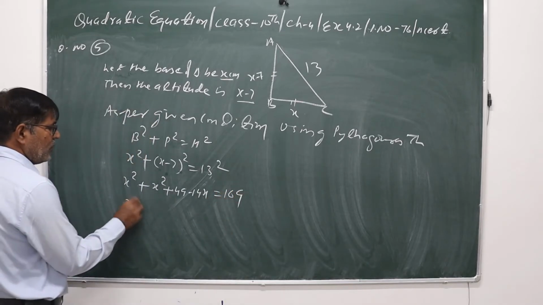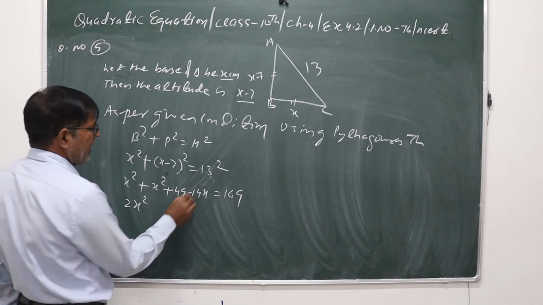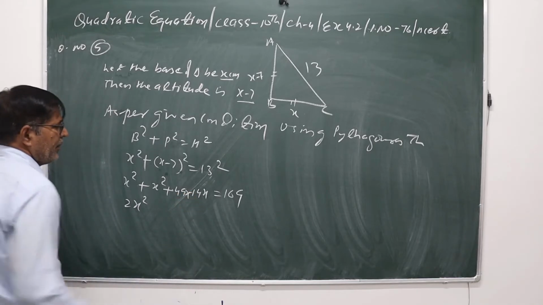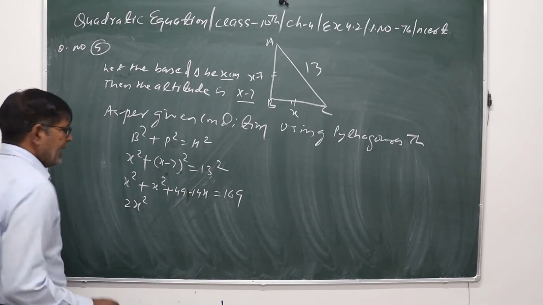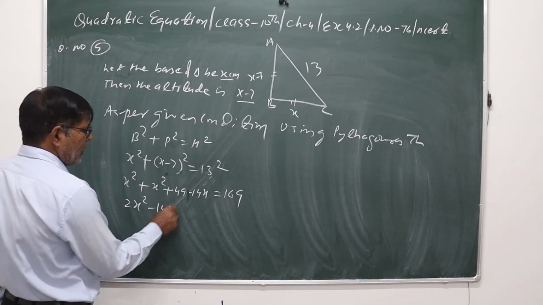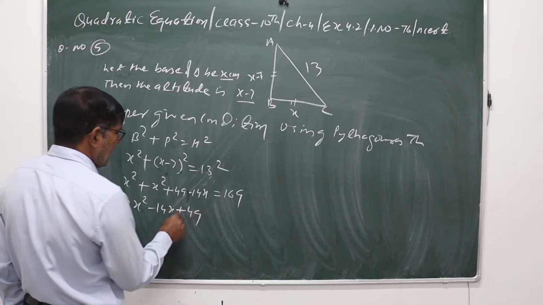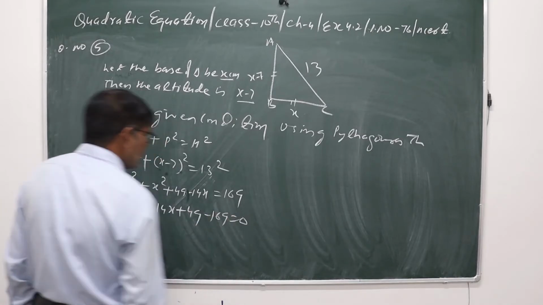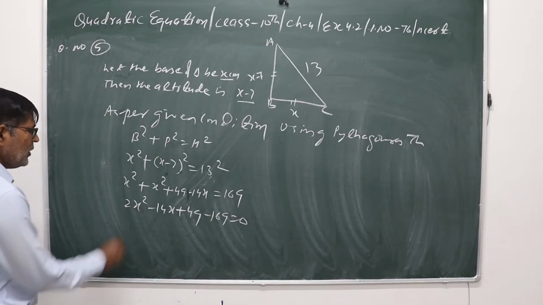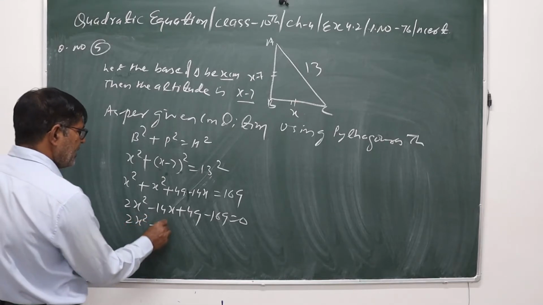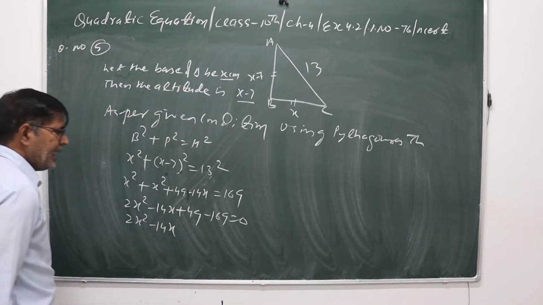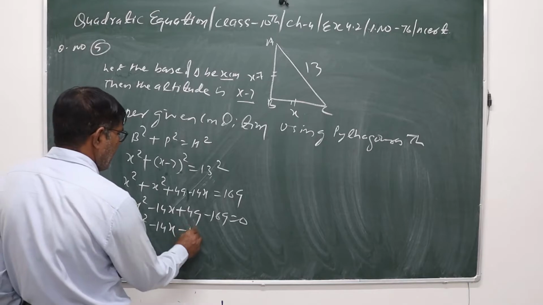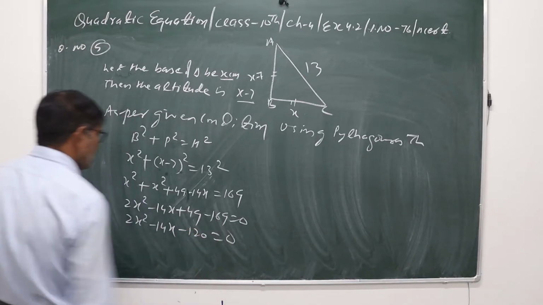So 2x square minus 14x plus 49 minus 169 is equal to 0. So 2x square minus 14x minus 120 is equal to 0.